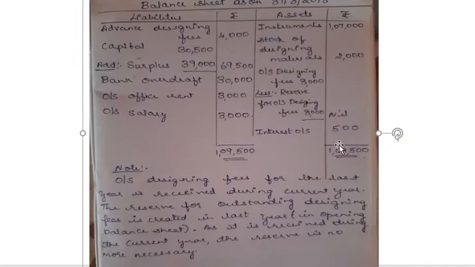Now total both the sides and you will get 1,09,500 and 1,09,500. Outstanding expenses of the current year we will write on the liability side. Outstanding income we will write except interest. Interest is a sure amount you will get, but for the other amounts we have to create a reserve. So outstanding income less reserve, the difference is nil. Then stock, if you have anything you have to write. Then total, the balance sheet will be the same.